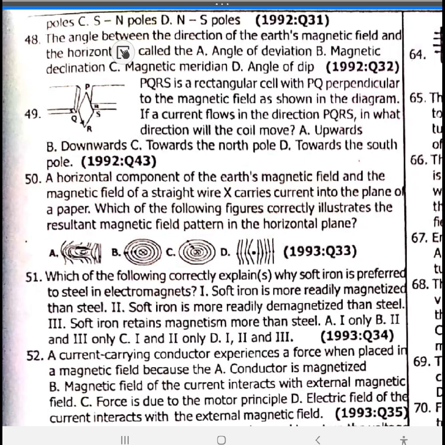48. The angle between the direction of the Earth's magnetic field and the horizontal is called magnetic declination?